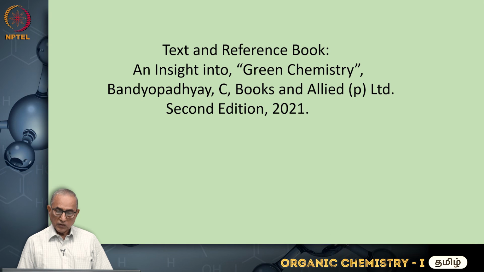The text and reference book for this course is An Insight into Green Chemistry by Bandyopadhyay C. Chandrakant, this is the first name, Books and Allied Private Limited, 2nd edition, 2021, Calcutta.